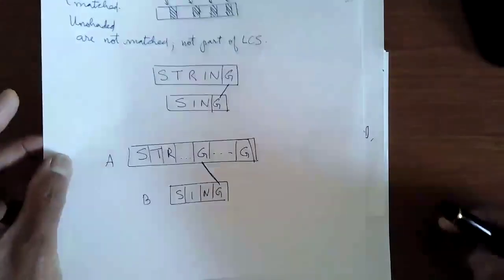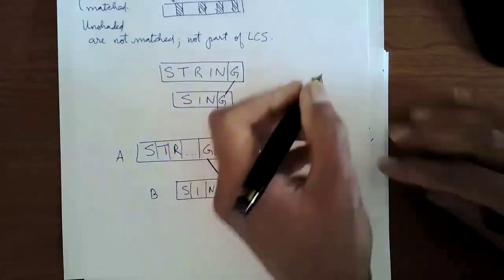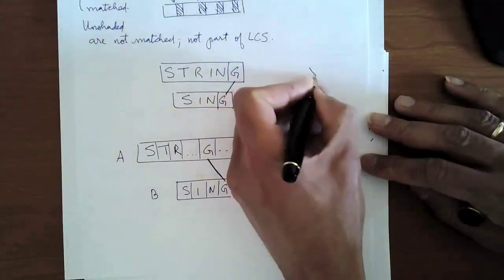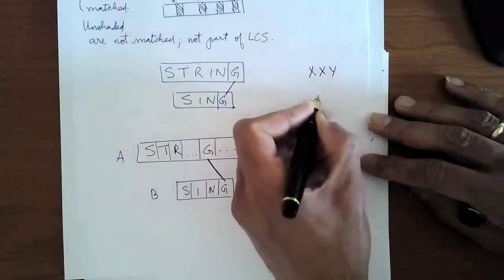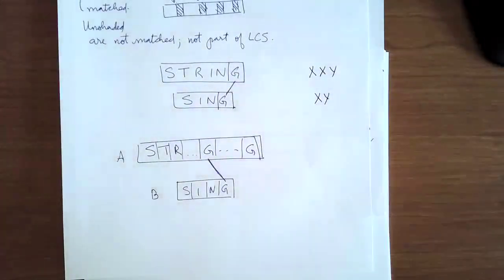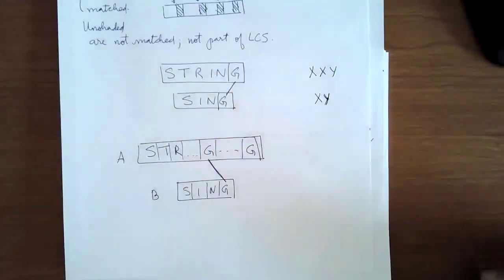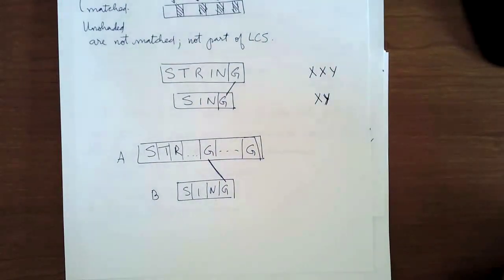I'll give you a very simple example. Suppose I take the strings xxy and xy. Is the longest common subsequence unique over here? No, right?